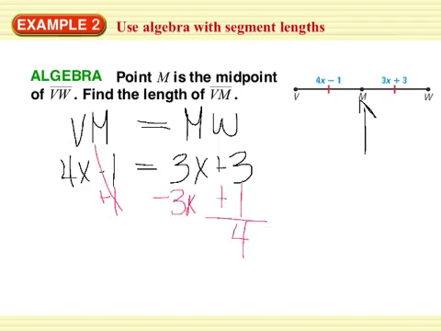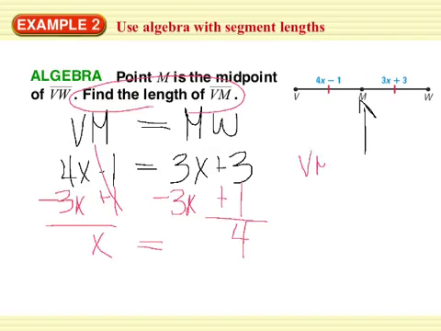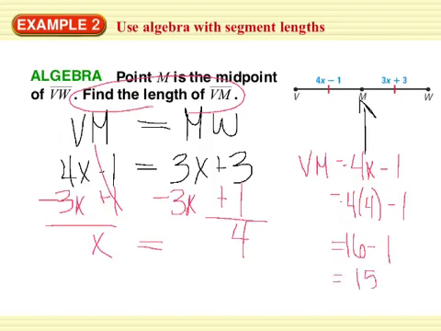Subtract 3x from both sides, I get x equals 4. But what's the question asking? Find the length of VM. VM is 4x minus 1. We know that x equals 4. VM equals 15. Very cool.